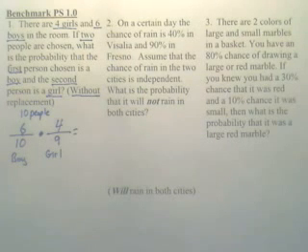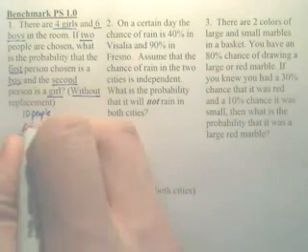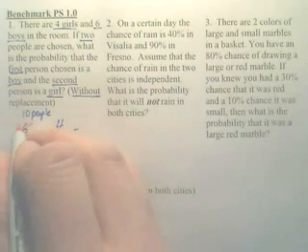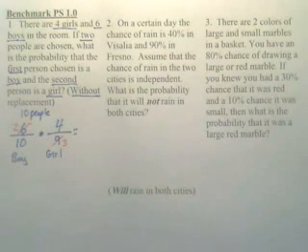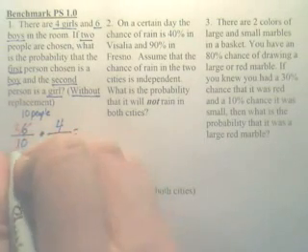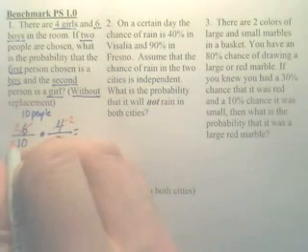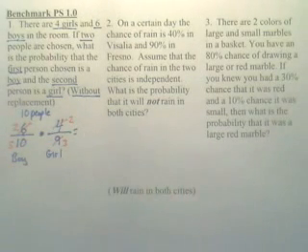But before we do that, can I simplify to make it a lot easier? Doesn't this cancel with this, leaving me 3 and 2? Doesn't this cancel with this, leaving you 2 and 5?